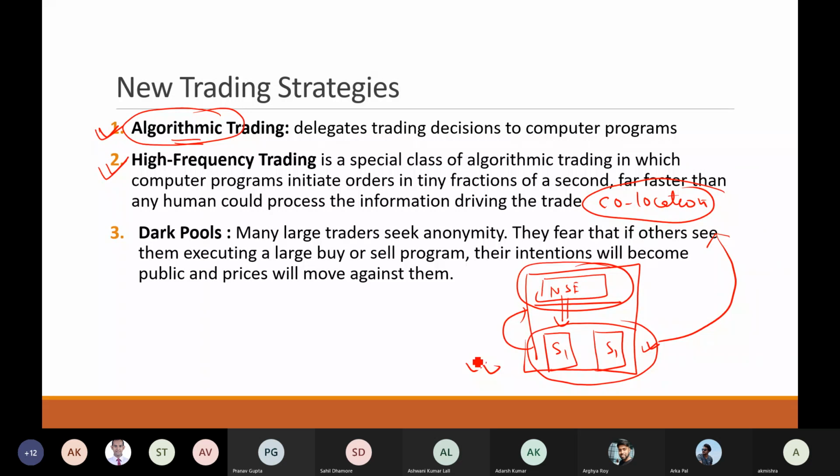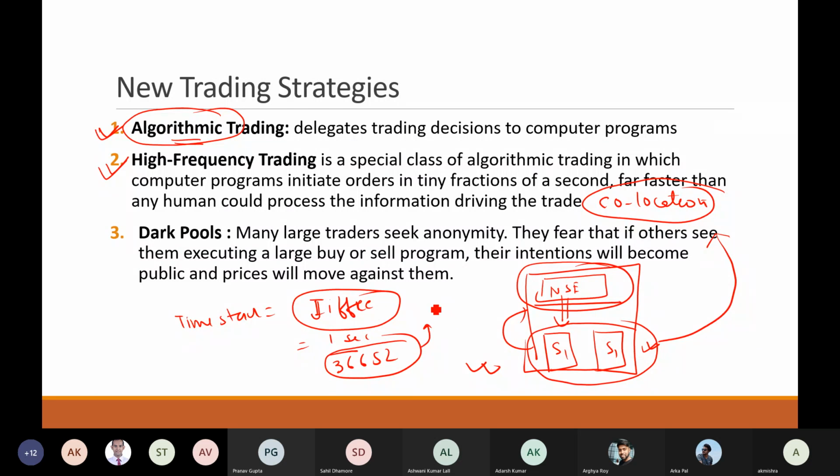And in India right now, if you look at the minimum timestamp, it is in jiffy. So what is a jiffy? A jiffy is basically 1 second divided by 36,652. So what does it mean? In India, we are trading with around a microsecond lag.